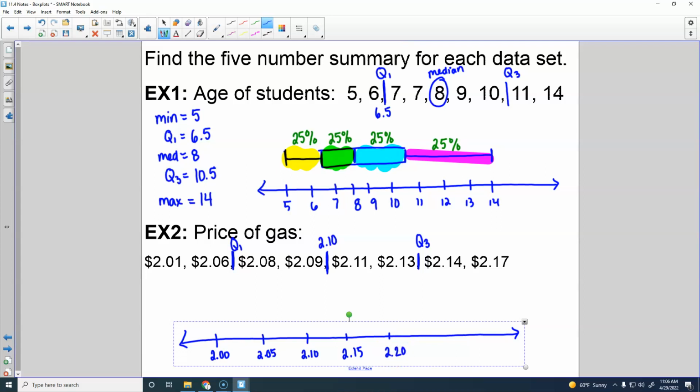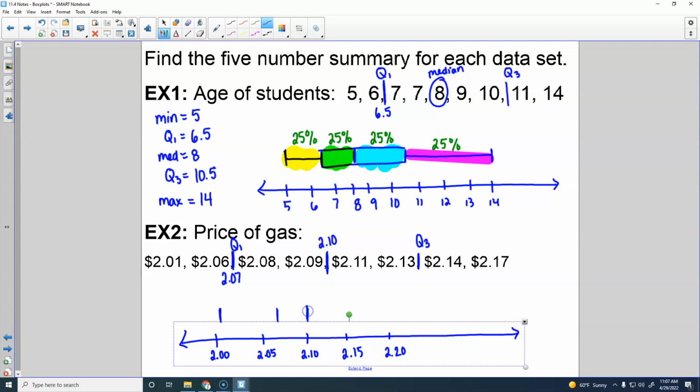You could count by 1 cent there and probably be okay on that. So if I want to draw my box plot, my lowest number is 201, so that's about right here. My first quartile, what is my first quartile? I didn't write it down. 207. So 207 would be about right here.